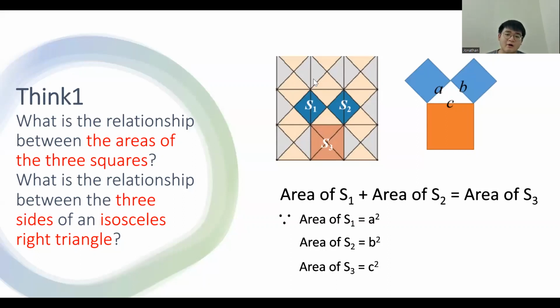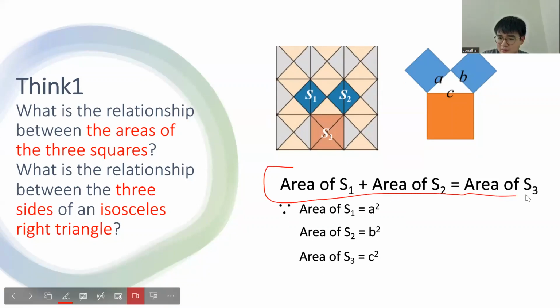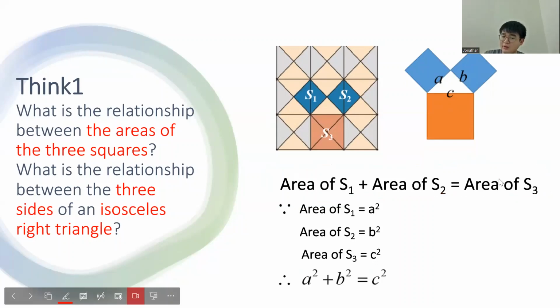So for this one, we just need to put the A square, B square, C square inside the equation here. So we will find out that A square plus B square equals C square.